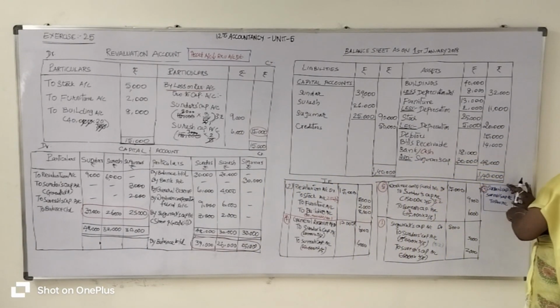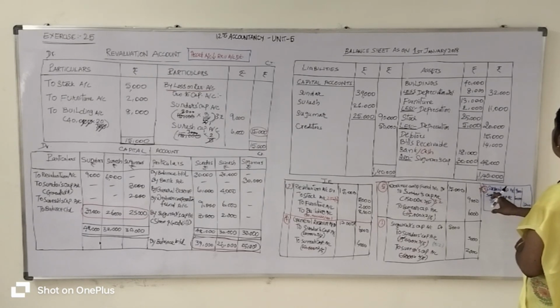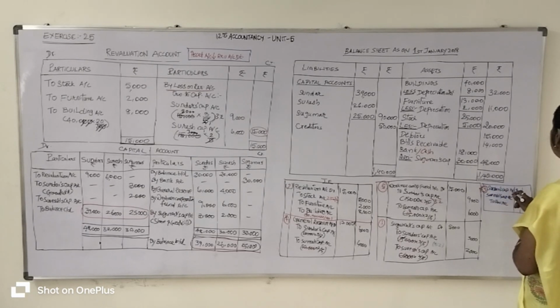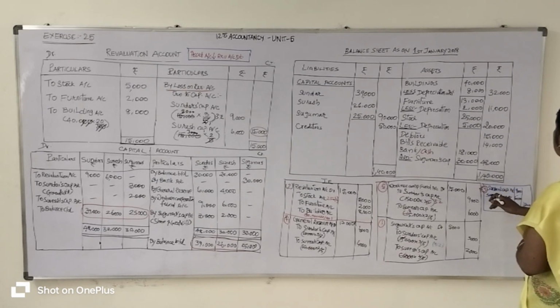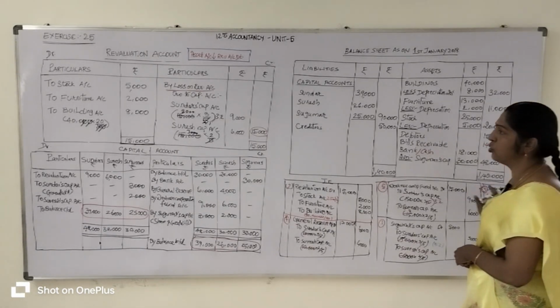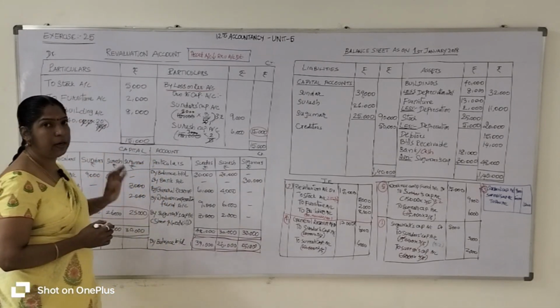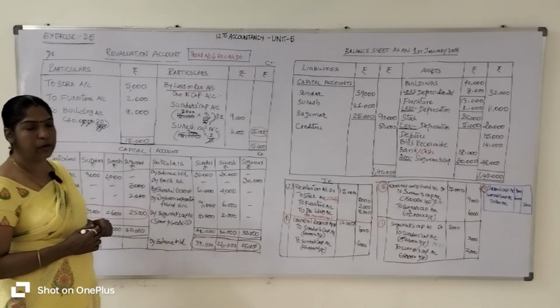The old partners' capital accounts. Sundar's capital account debit 9,000, Suresh's capital account debit 6,000, to revaluation account 15,000 rupees. Right? So we prepared the revaluation account. Now we are going to prepare the capital account. What is the format for the capital account?